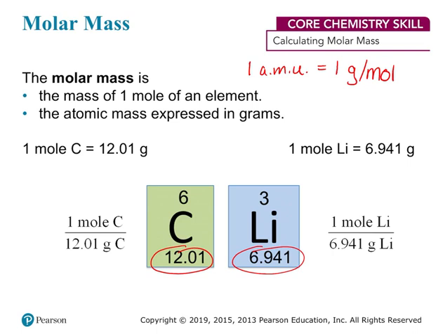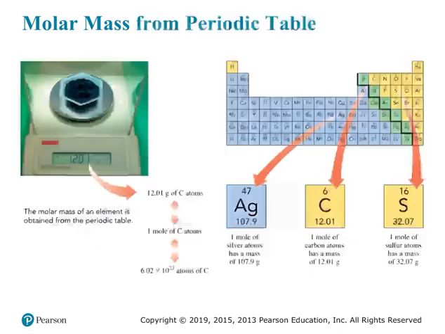And off to the sides, you can see one version of a conversion factor that you could use for these molar masses. So remember, you can also flip those conversion factors if you need to, depending on what you're solving for. All right, so again, this is true for all of the elements on the periodic table. They each have a molar mass.